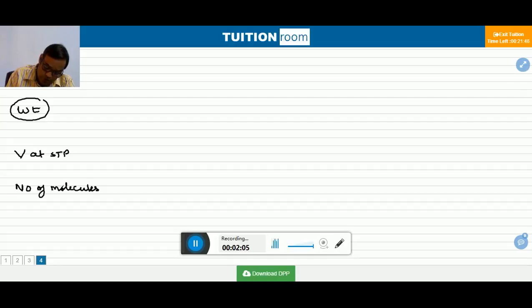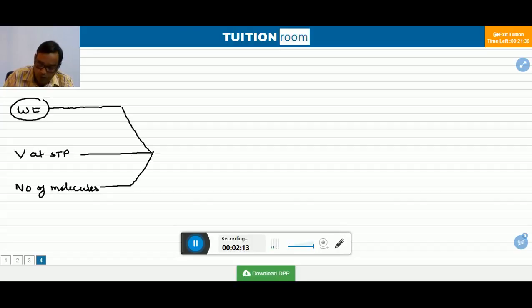So first we have to convert in mole: mole, gram mole, gram molecules, and this is also gram ions.